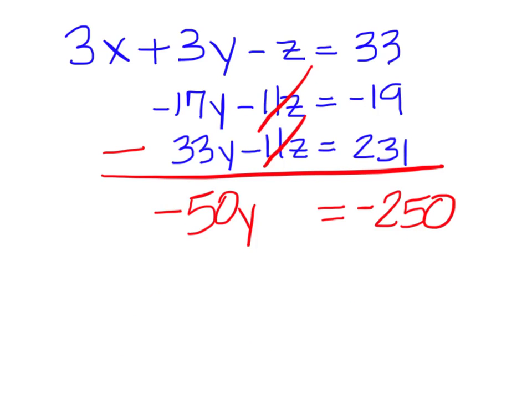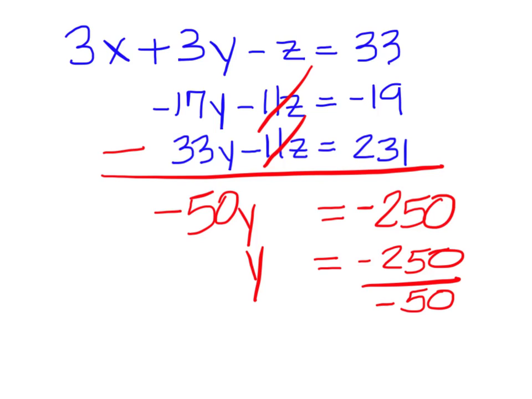So that's going to divide fairly evenly. So negative 250 divided by negative 50, and your answer is 5 for y. And once you make it to that first answer there, the y equals 5, it's all downhill from there, because all you do is plug it back in and solve for a variable.